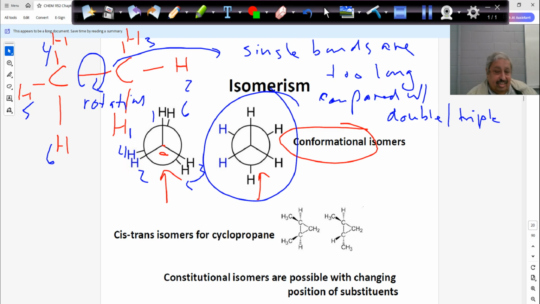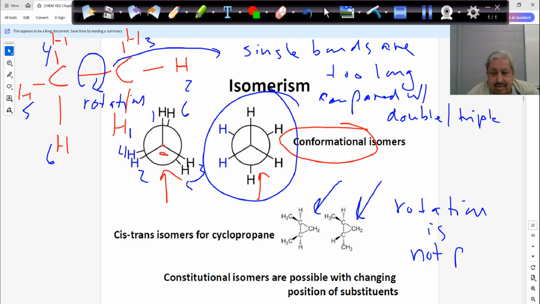Now in the cyclic alkanes, you can't do it the same way. You cannot rotate the single bond. It will break what? It will break the ring. So rotation is not possible. The same thing with the double bond.